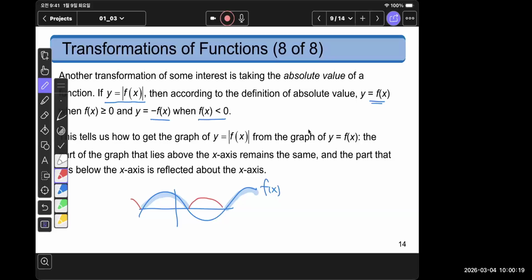So given this blue curve, that is the graph of f of x, the absolute value of f of x has the graph as in red.